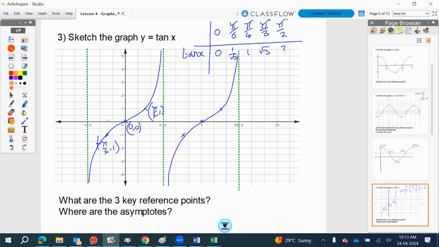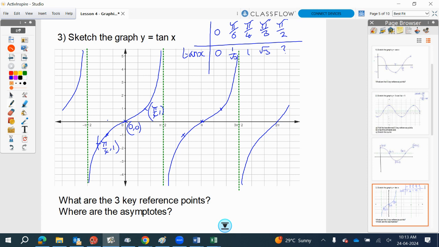This is how the tan function looks. You can copy that down.